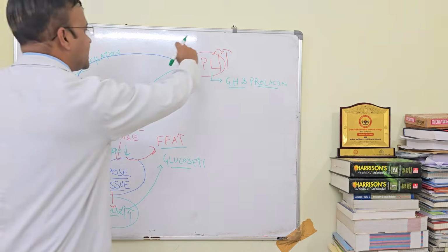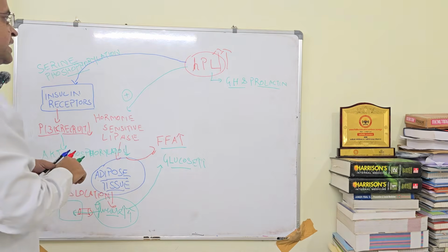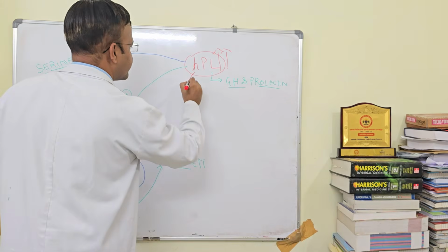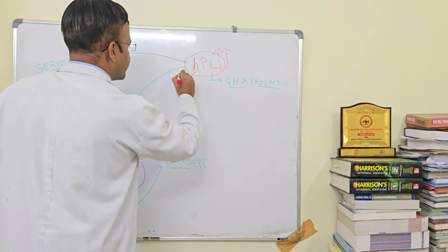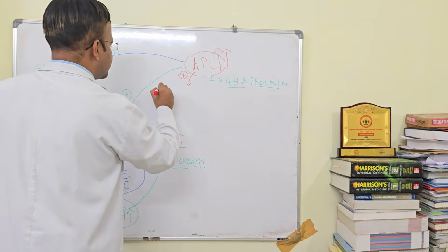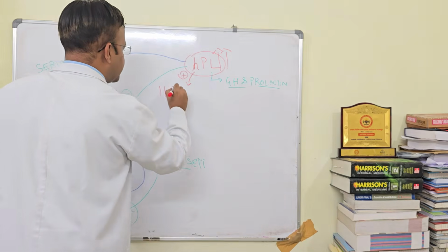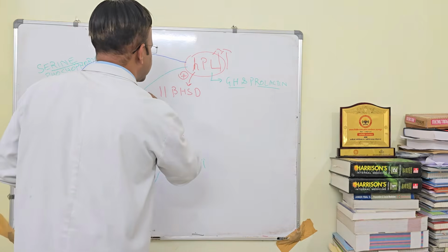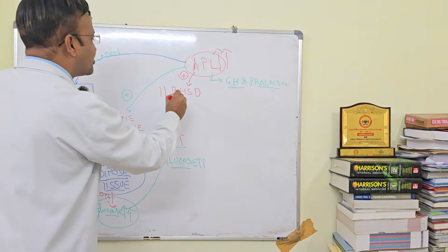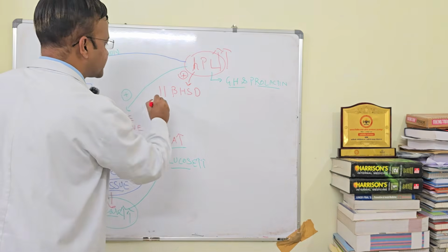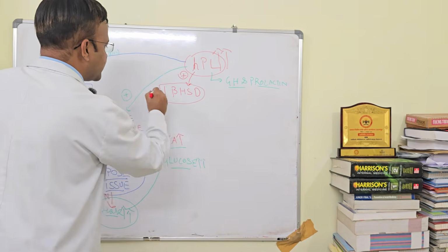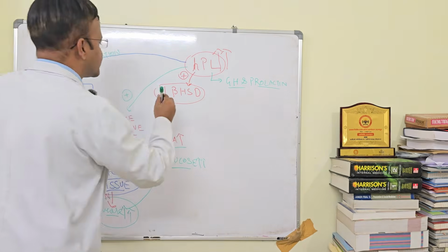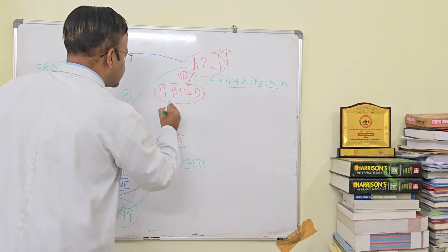This human placental lactogen can also stimulate another enzyme, and that enzyme is 11 beta HSD, 11 beta hydroxysteroid dehydrogenase. If this enzyme is stimulated, it will increase the concentration of cortisol.